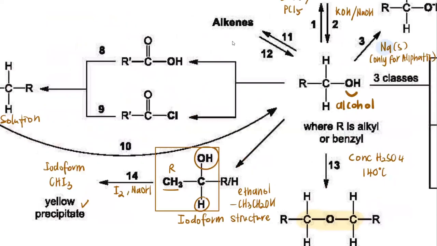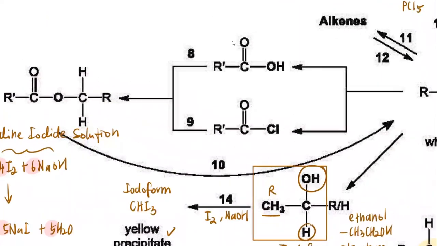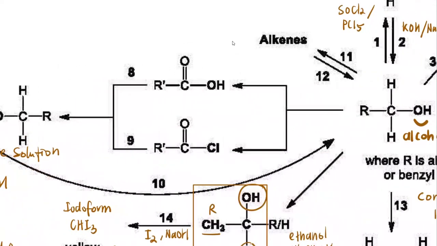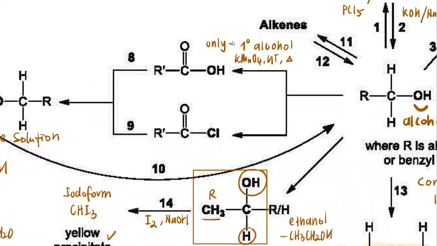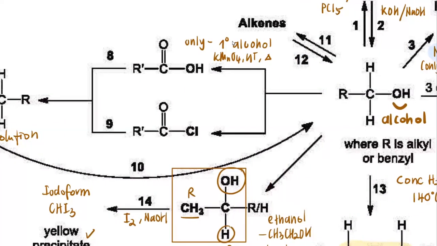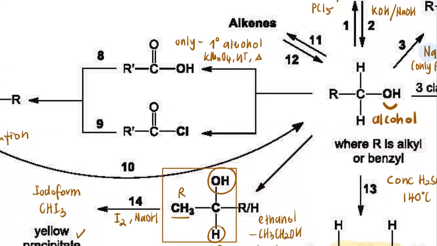Next, formation of ester. From alcohol to carboxylic acid, only primary alcohol can do this. The reagent used is acidified dichromate, heated. To acyl chloride, how is the linkage like this?